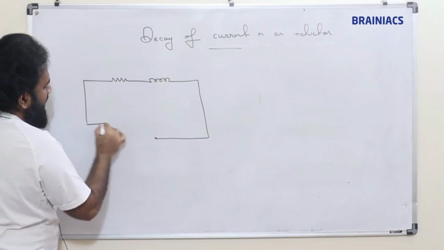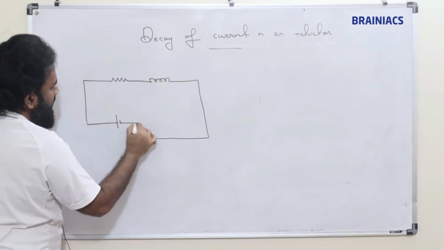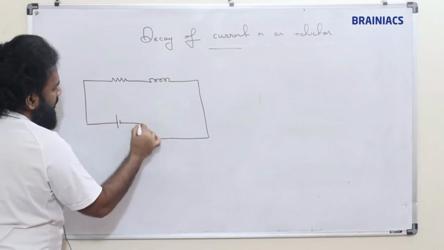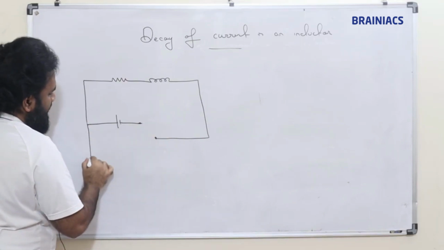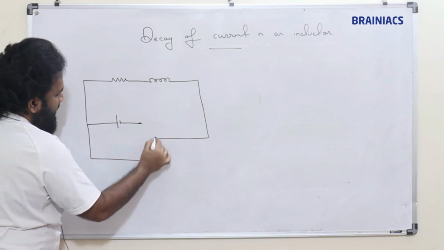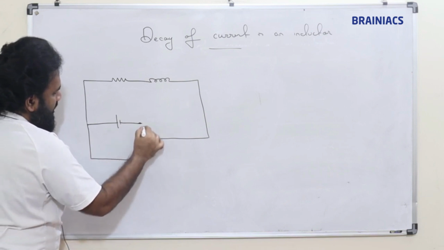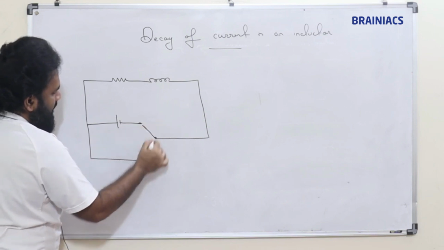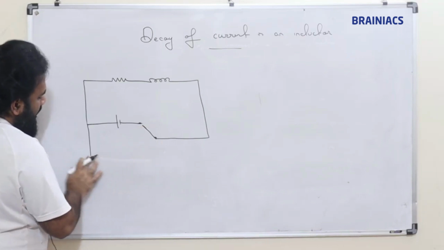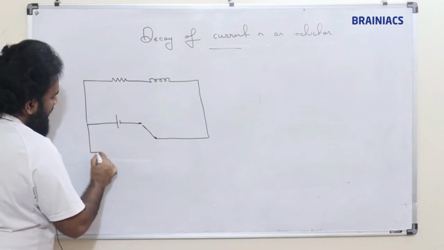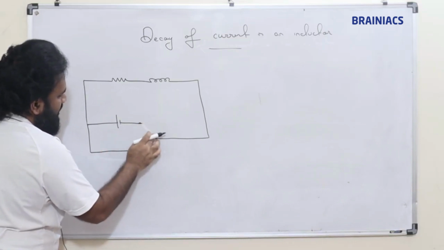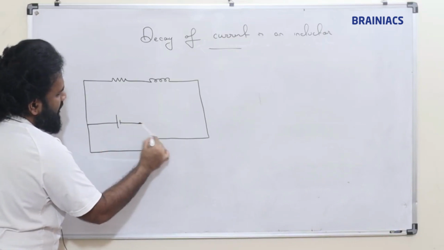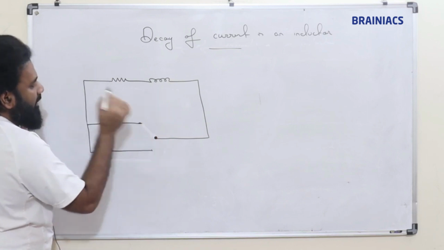If we have the battery connection here, then another connection is like a plain connection. So here the switch is there. Either we can put it into the battery or otherwise we can connect here. This is the switch.